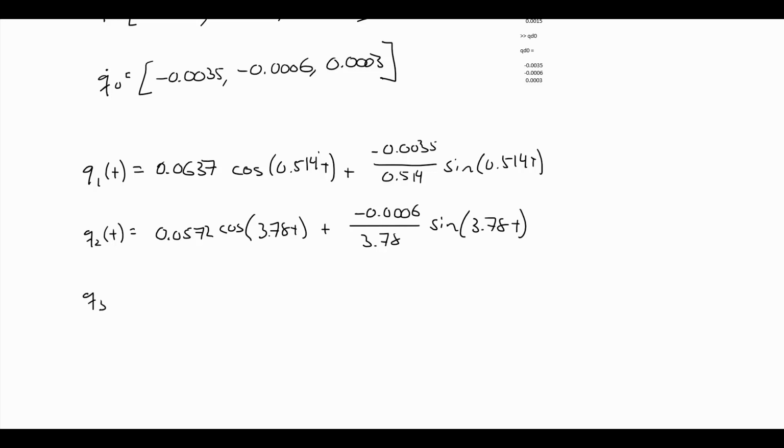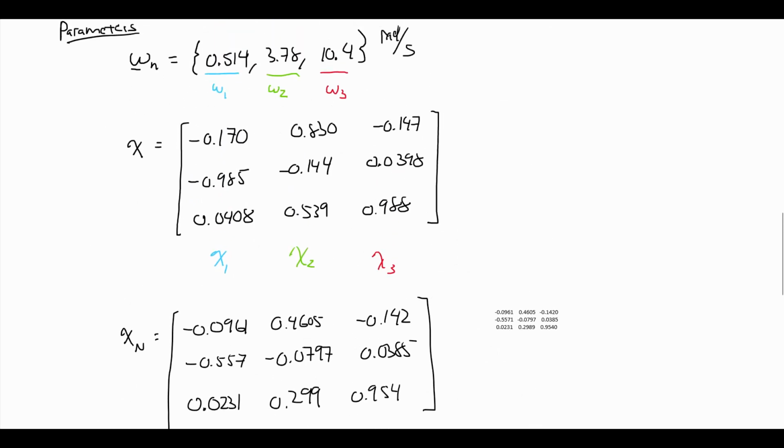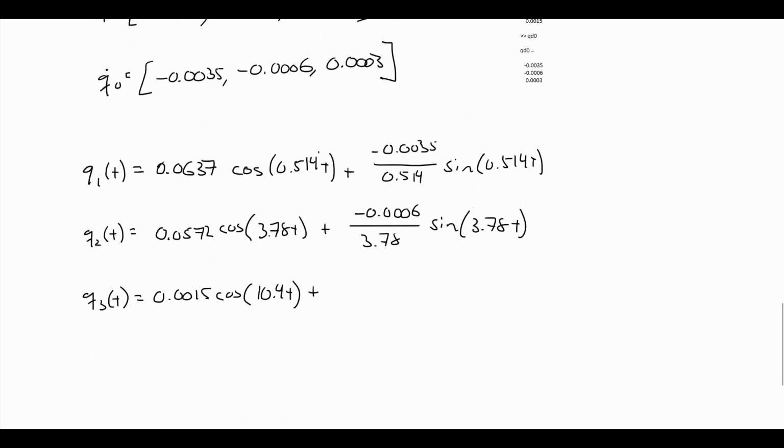And Q3. I'll take Q naught, the third term, 0.0015 cosine of the third natural frequency, 10.4, times time, plus then the initial velocity, 0.0003 over 10.4 times the sine of 10.4 times t.